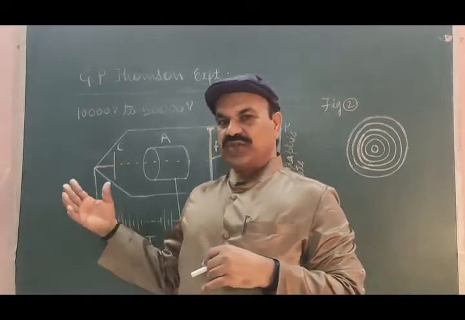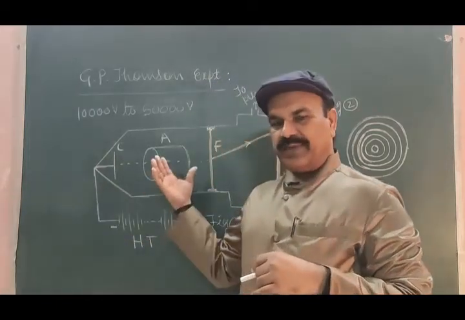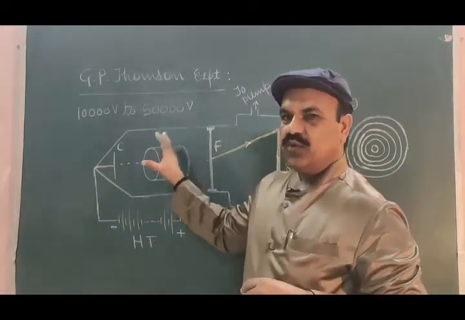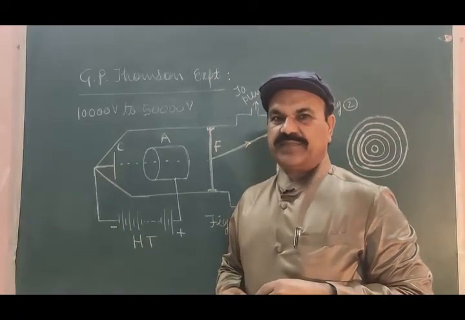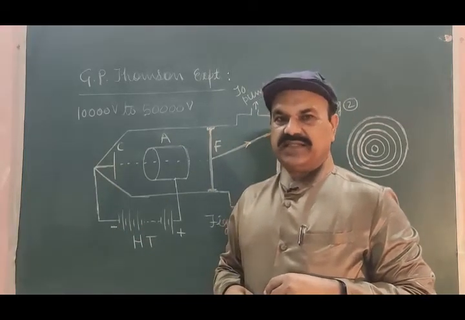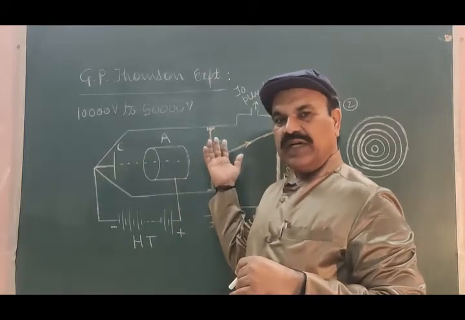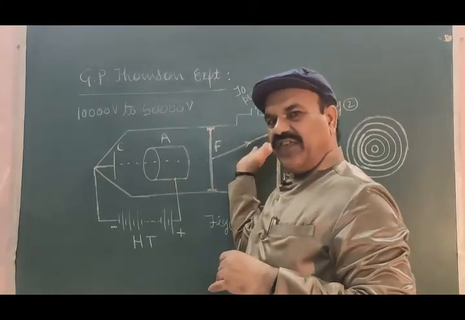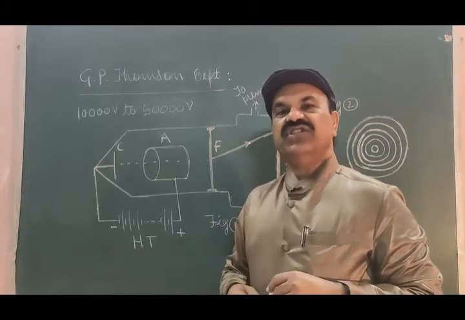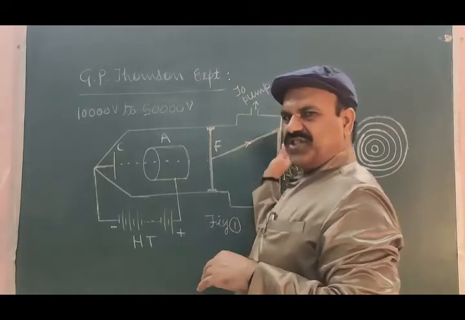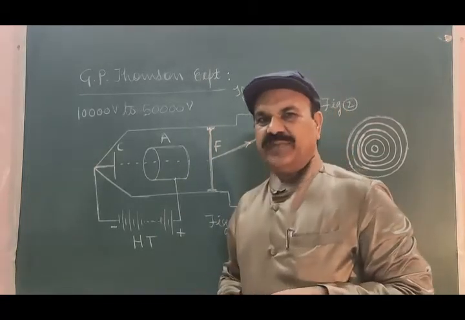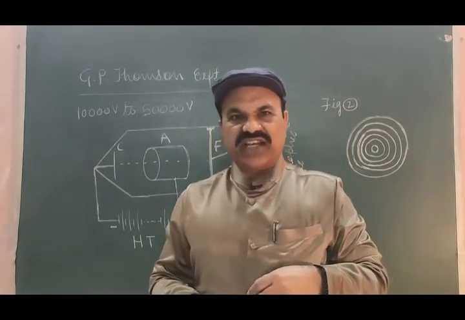Let us first go through the experimental setup and how to do this experiment. After that, we shall proceed to compare this diffraction pattern with X-ray diffraction. This is just similar to the X-ray diffraction pattern, and you know what X-rays are.